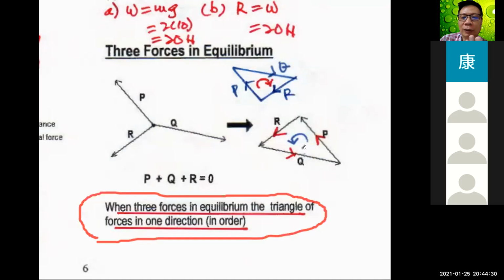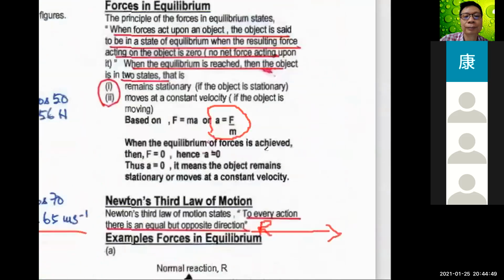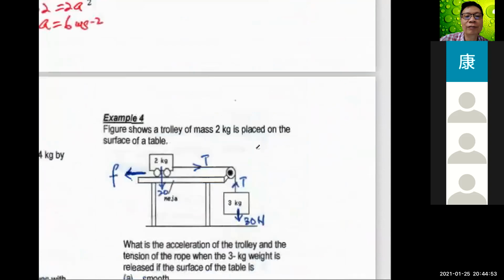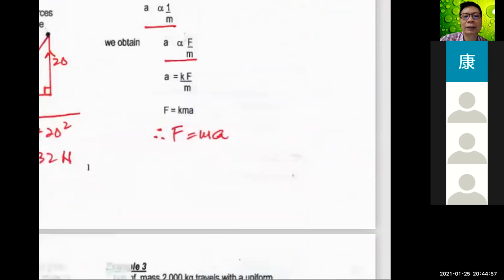Very obvious. This has two examples already. You can join up the forces to form a triangle in one direction, anti-clockwise or clockwise. When you can do this, it's proven the three forces are in equilibrium. I know some of you asked another one. The one you learned last week was like this, this one is finding the resultant force. Okay, hold on like this.